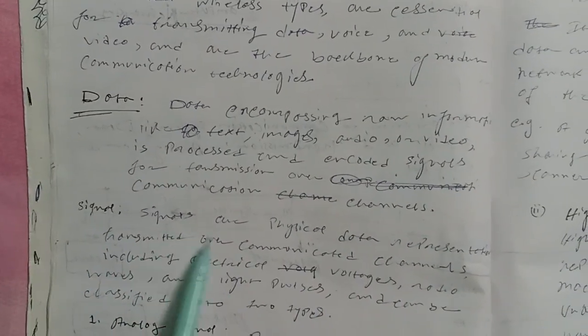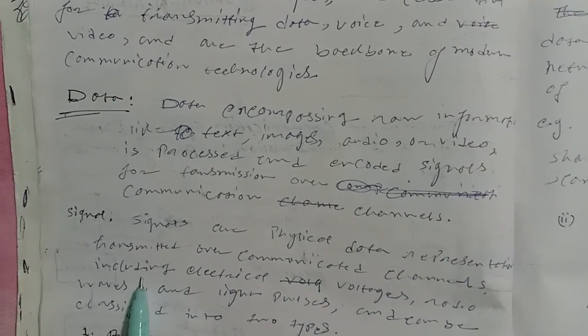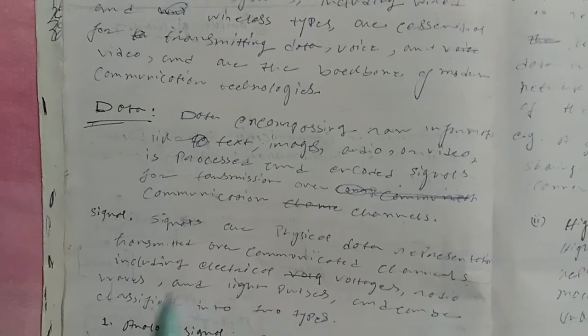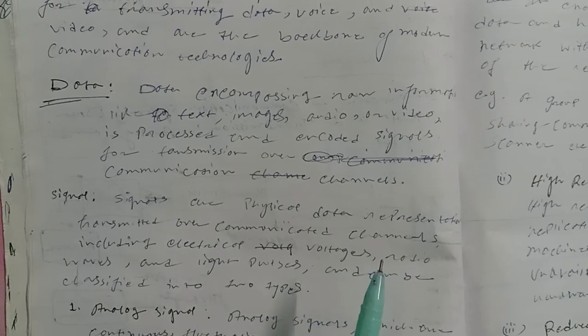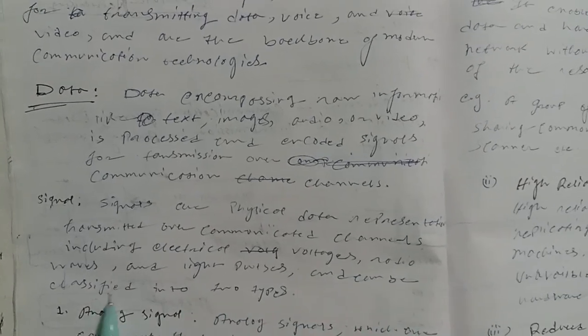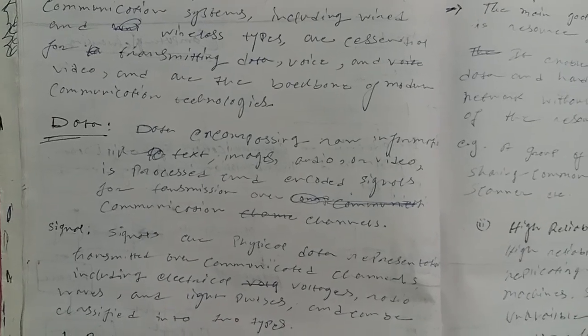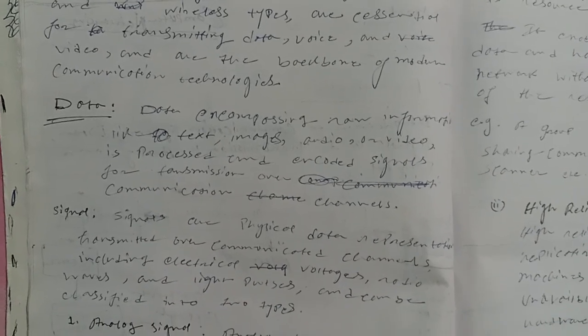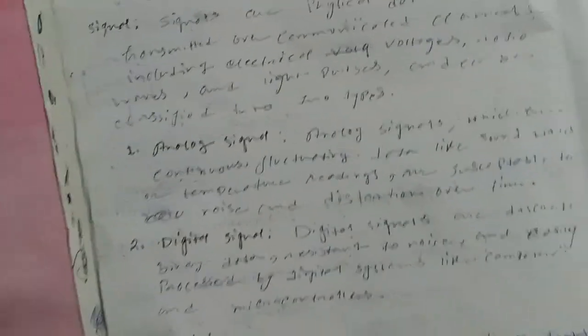And signals are physical data representations transmitted over communication channels, including electrical voltages, radio waves, and light pulses, and can be classified into two types, that is analog signal and digital signal, just like I said at the very beginning of this video.